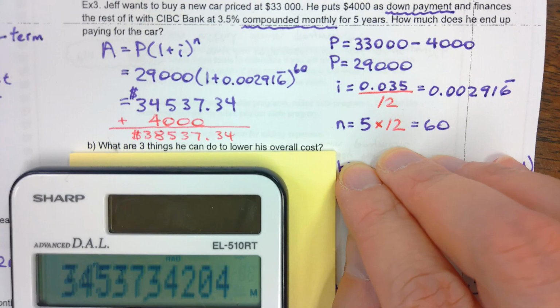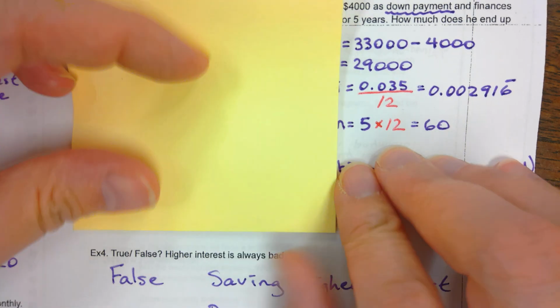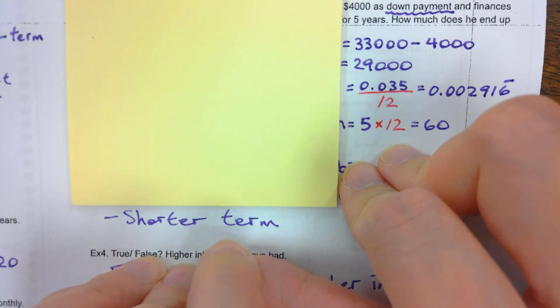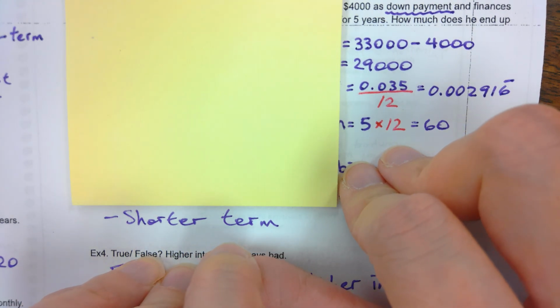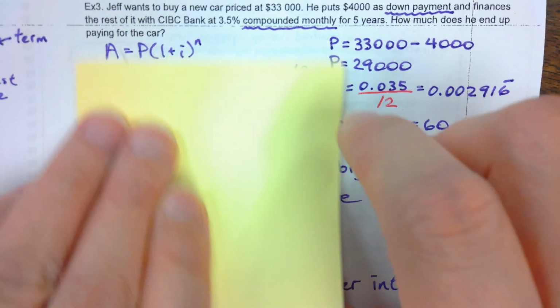So if you think that's high, what are some ways that we could lower the cost? Instead of 5 years, you could buy like 3. Good. So lower the term, shorter term. What are other ways that we could pay less interest? Pay more down payment. Good.